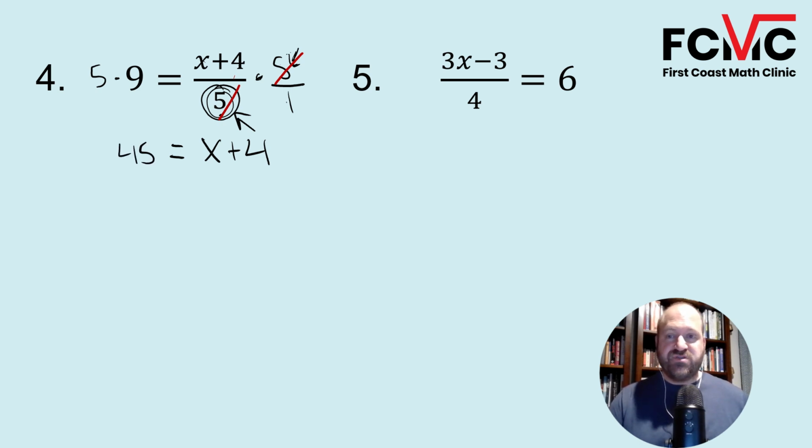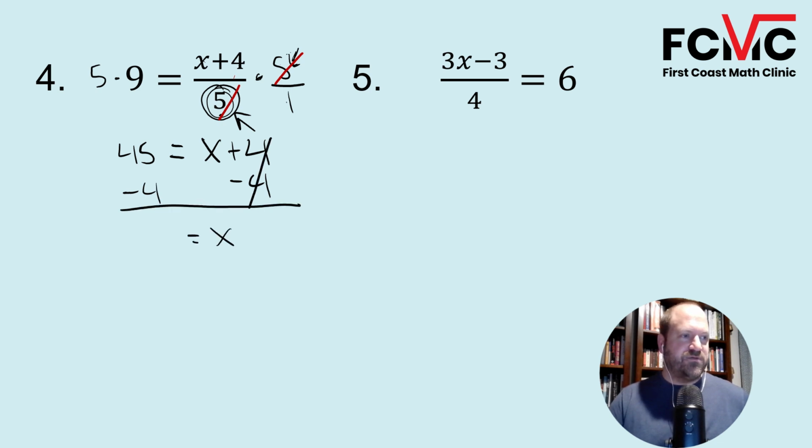Now we've got a one-step equation, so we want to isolate our variable using inverse operations. So let's subtract 4, and we get x equals 41. Now we can check. So I get 9 equals 41 plus 4 over 5.